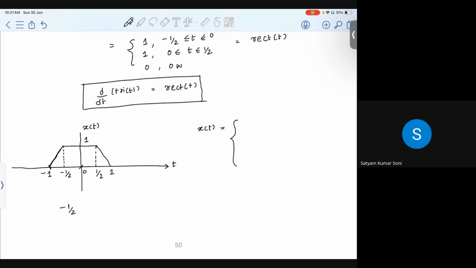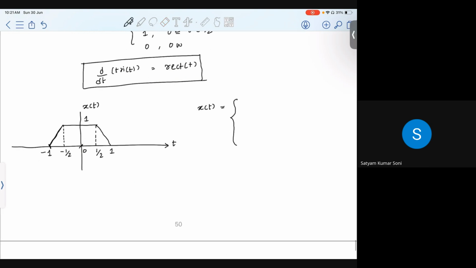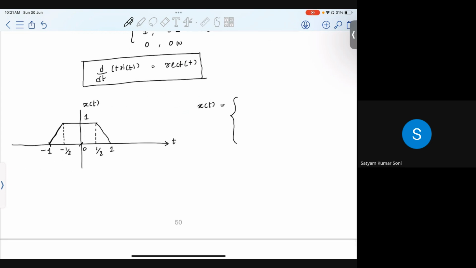So minus half plus some x is equal to 1, so x is equal to 0.5. So how do we find what this is?